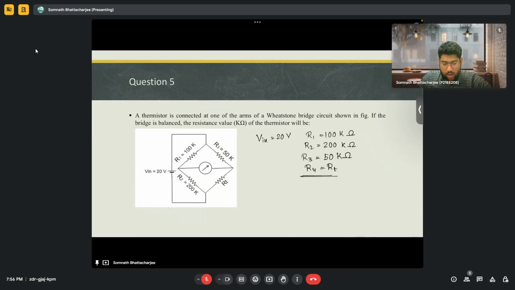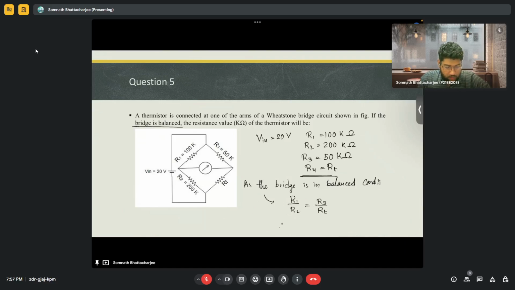Like we already know, the bridge is in balanced condition. We know that the balanced condition is R1 by R2 equals R3 by RT.